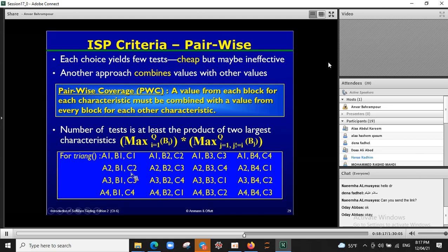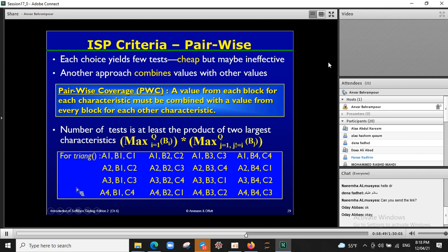A2 should be combined with every block for the other two characteristics, such as B1, C1, C2, C3. But we know that some of them are covered in previous rows.